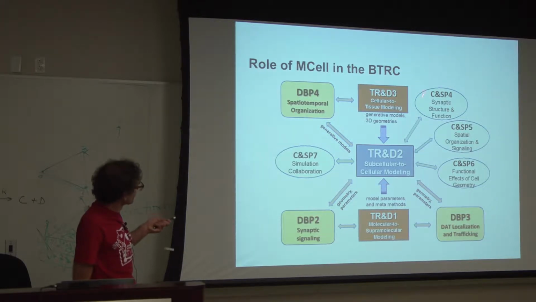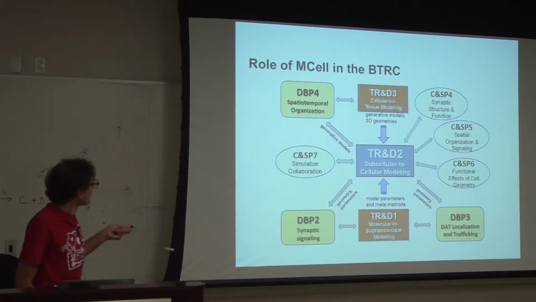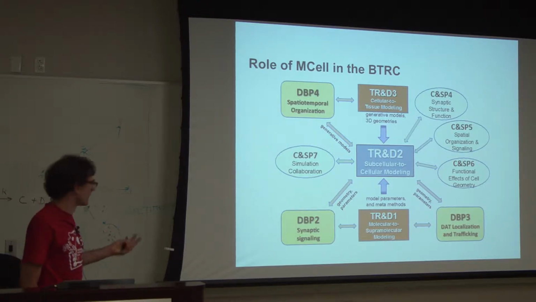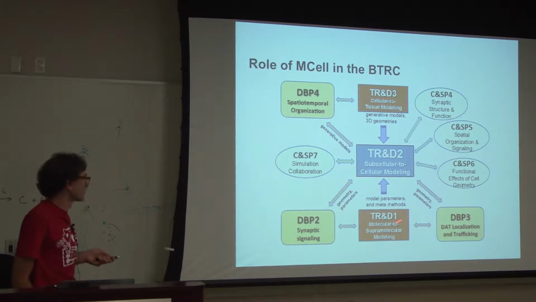At the highest level, we have the component that's involved in imaging and reconstruction of spatial distributions from within cells to within tissues. M-cell, the cellular modeling component, is at this TRND2 level, and then at the molecular level, we have TRND1, which is a collection of different groups that are doing molecular to supramolecular modeling.